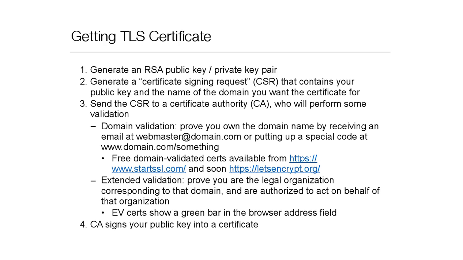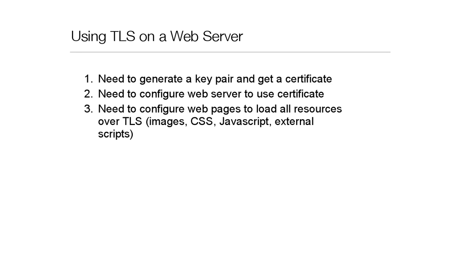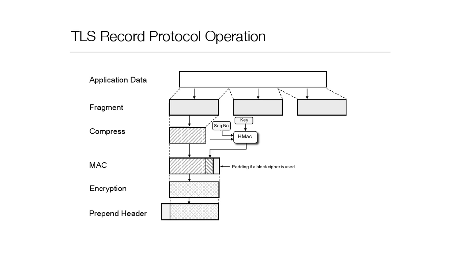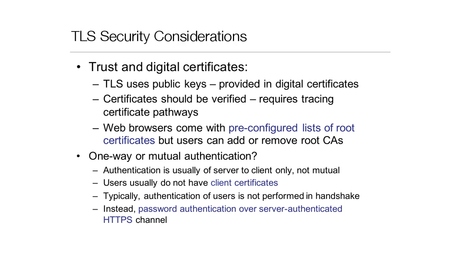Using TLS on a web server, we are going to discuss in our next lecture. For the time being, we have discussed how the TLS record protocol works, what the operations are there, and when we use the TLS protocol suite, what things we have to consider.